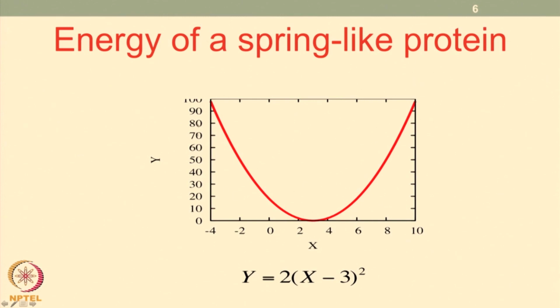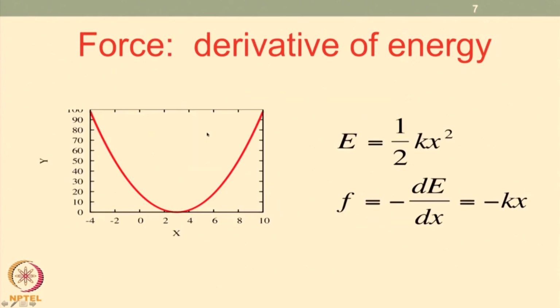If you like, an energy function could be a quadratic function like this, for example E is equal to half kx square, or k(x minus x0) whole square if you wish. It will be a quadratic function, a curved function. The force will be a derivative of this energy. We know that force is the derivative of energy.